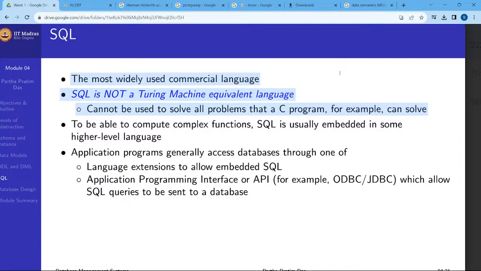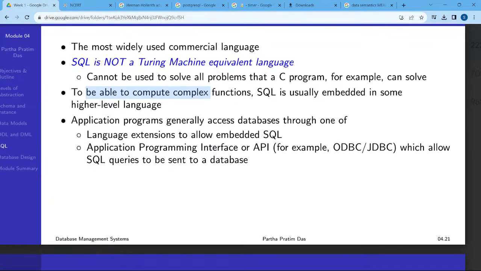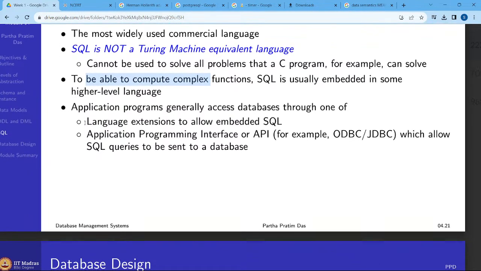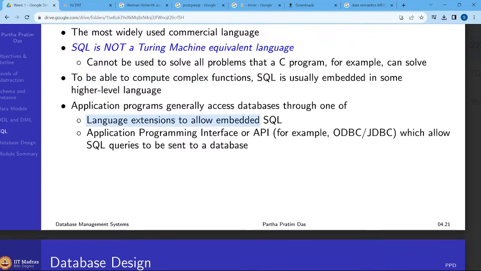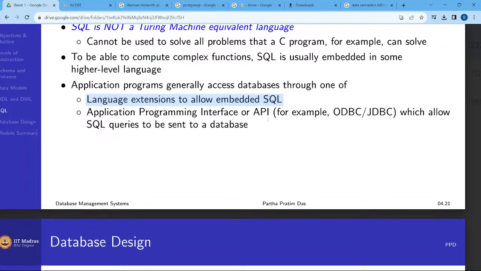To be able to compute complex functions, SQL is embedded in some higher level language. So you have to connect a higher level language such as Python with this SQL. Application programs generally access the database through one of the following language extensions to allow embedded SQL.